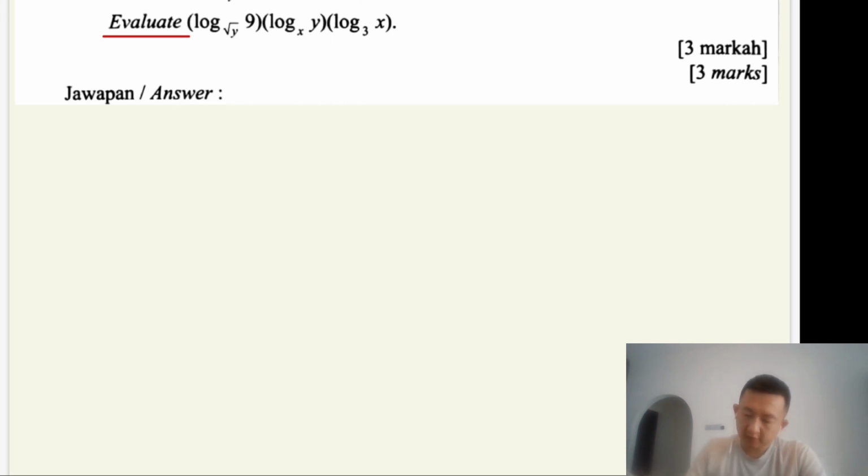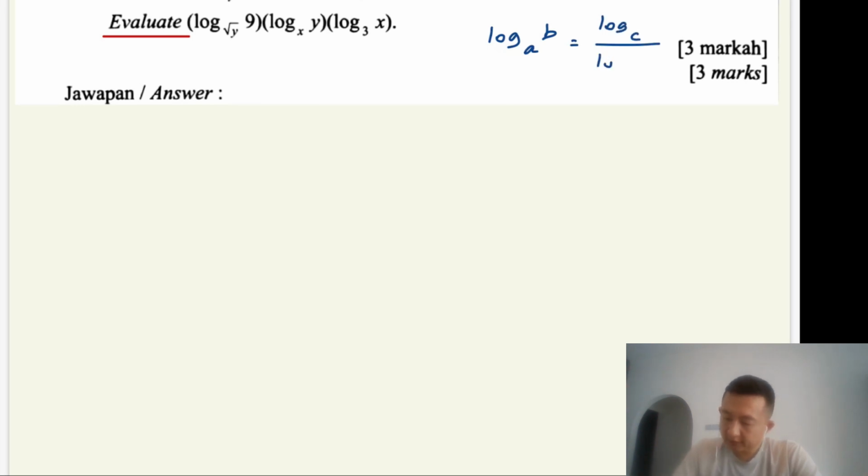I think it's easier. Do you remember the formula? If I have log base A of B, and I want to change the base to something else, I can change it to a new base C: log base C of B over log base C of A.